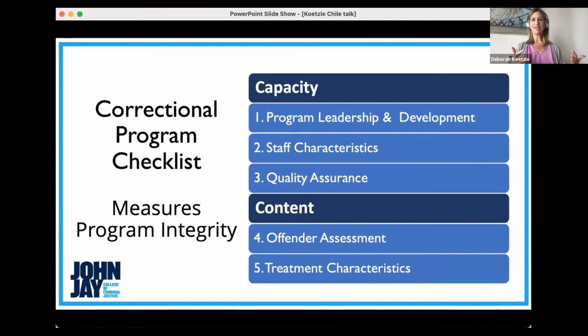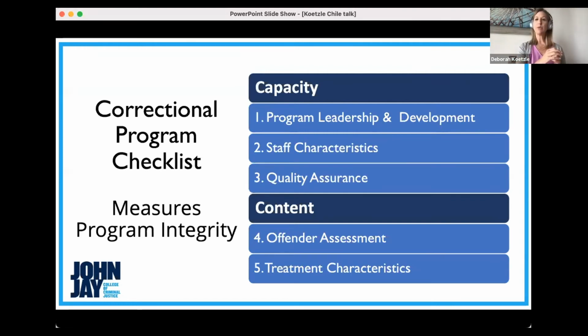Are staff hired because they believe in the idea of change and they have the skills necessary to deliver interventions? Do they receive training? Do we make an investment in our staff? And do we provide feedback and coaching to them to help them continue to improve? We can look at issues of quality assurance. How well do programs monitor themselves? We know that drift will occur, but if we have monitoring and evaluation activities in place, then that drift can be caught and stopped and corrected.